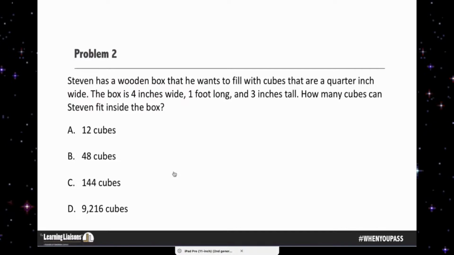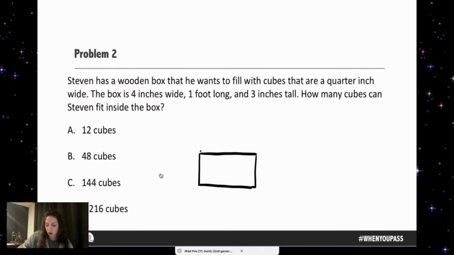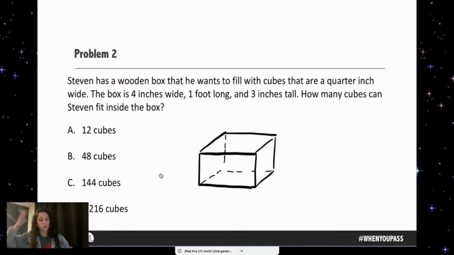So let's go ahead and explore what this problem is saying. So he has this wooden box. Let's go ahead and draw the wooden box. I'm always going to draw the best I can on any problem that has anything to do with geometry, because it helps me to visualize what we're working with.